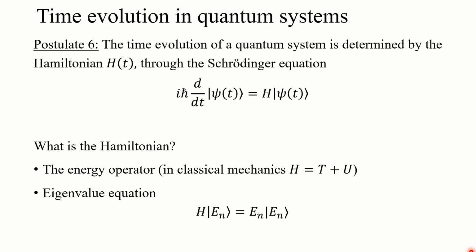It's the same sort of thing. It has an eigenvalue equation. When it acts on one of its eigenkets, an energy eigenket, it returns E_n, the total energy of that state, times that energy eigenket. Just like the other operators, it has its eigenvalue equation, but the eigenvalues are the total energy of the system.